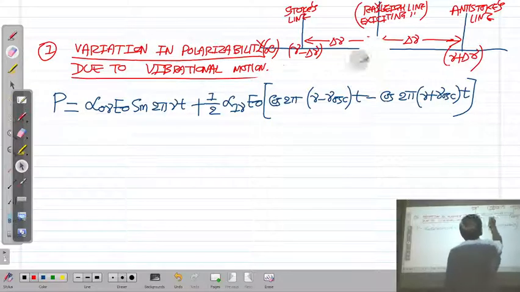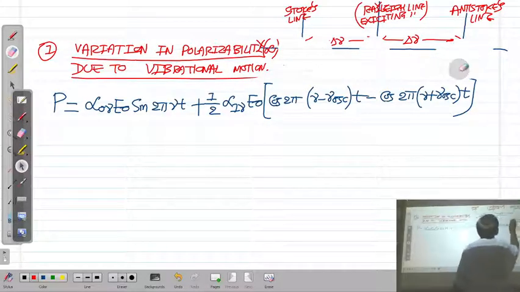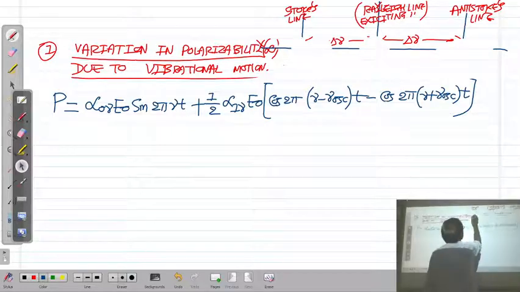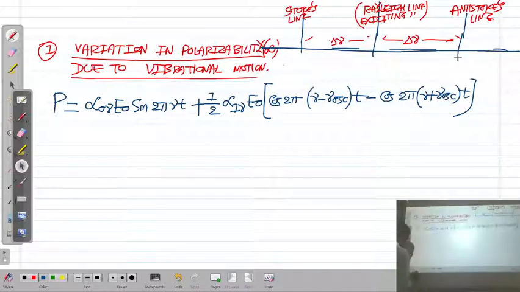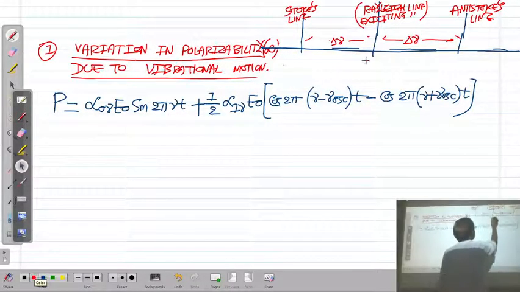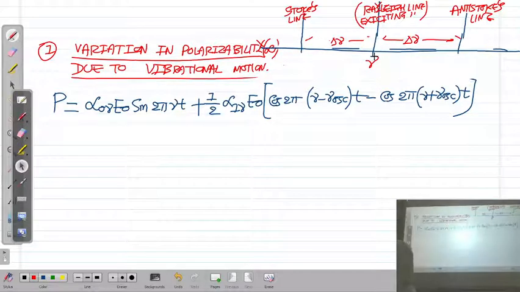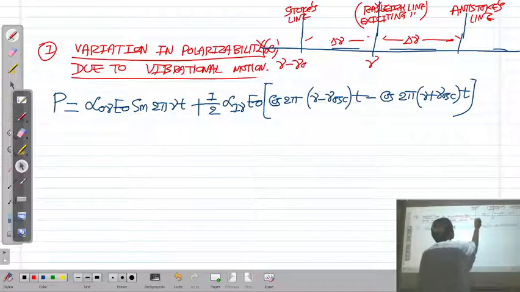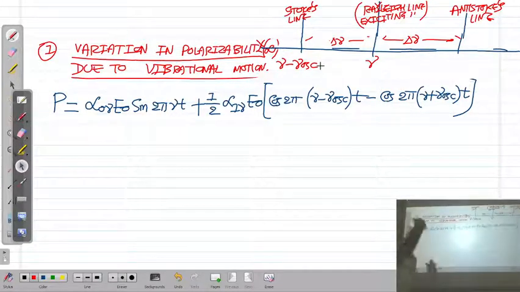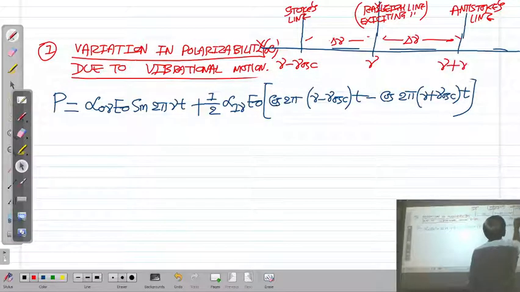If the frequency of the Rayleigh line or exciting line is nu, then the frequency of the Stokes vibrational Raman line will be nu minus nu oscillation, and the frequency of the anti-Stokes vibrational line will be nu plus nu oscillation. So delta nu is equal to nu oscillation. Okay.